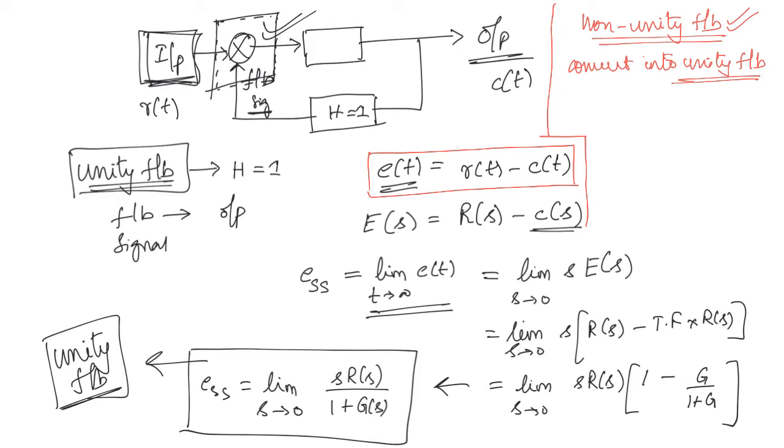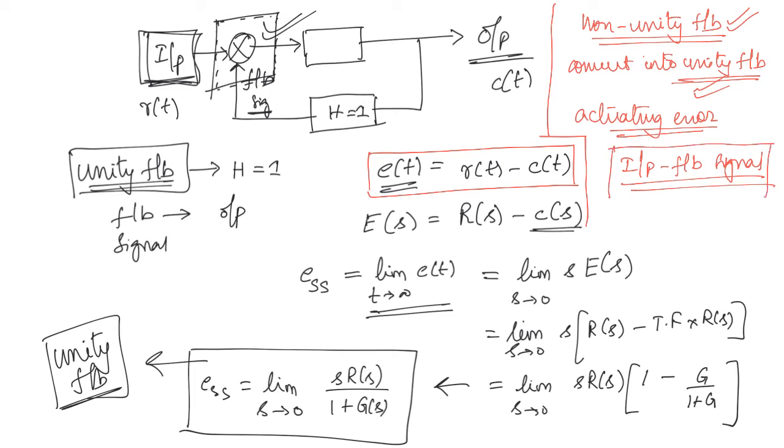Another way of doing this is to find out the actuating error signal. Actuating error is nothing but the input minus the feedback signal. Instead of the desired output minus the actual output, we are using the expression input minus feedback signal, which is the actuating error signal.